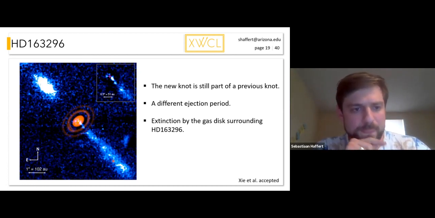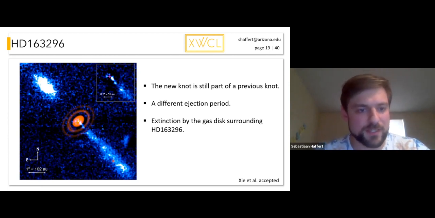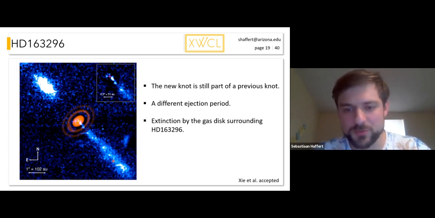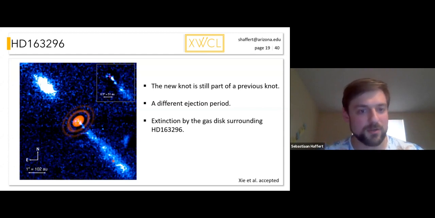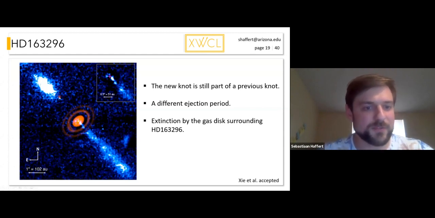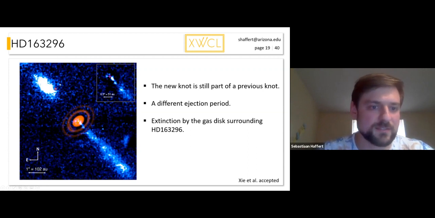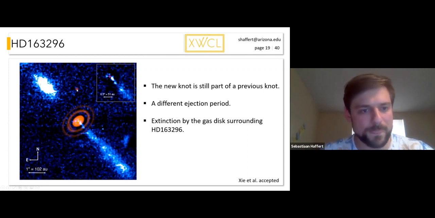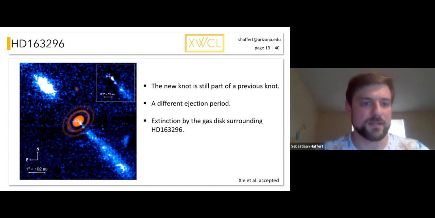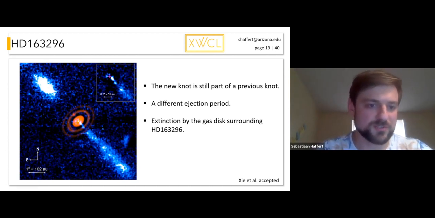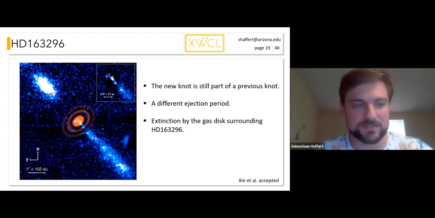And from what we saw in the results from the MAPS imaging from last week of the gas disk, the gas disk of HD 163296 is actually quite large. So it's very likely that this jet is actually obscured by the gas disk. So instead of being a node and an independent structure, it's actually just a continuous jet that is being extincted.